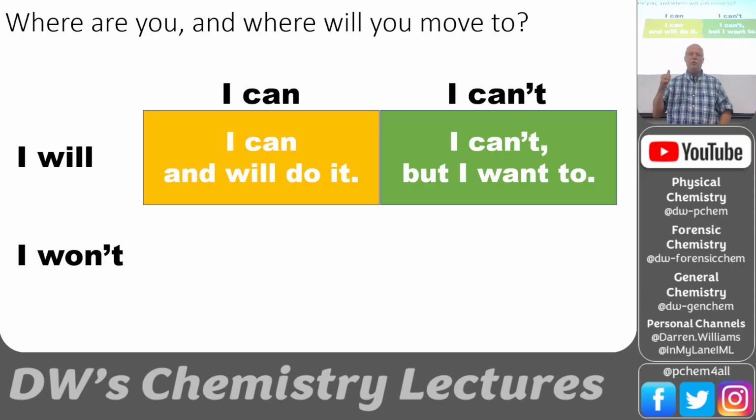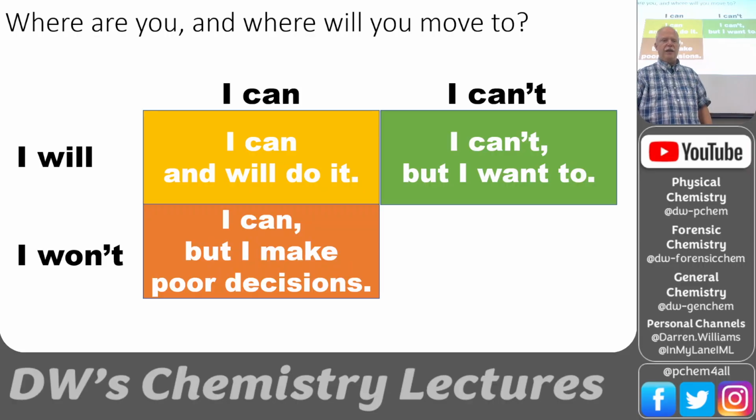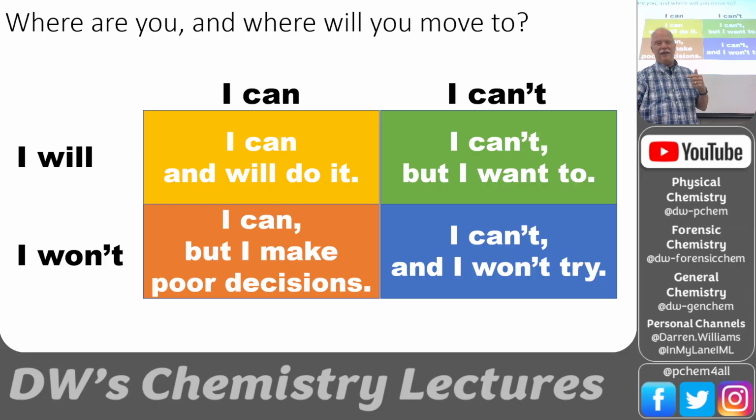And here's a person who wants to but can't. They're deficient in their math, or they're just not getting the three-dimensional shape of the molecules. They really are trying, but they can't do the work. And then this person can do the work but makes poor decisions. And then this person can't and won't try. What I'm trying to do is to move these people up into the I will category.